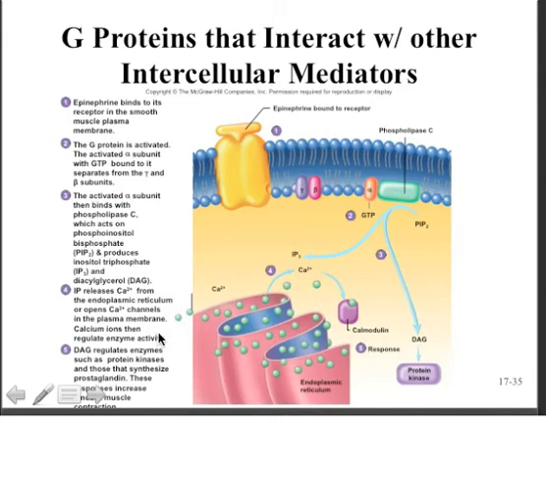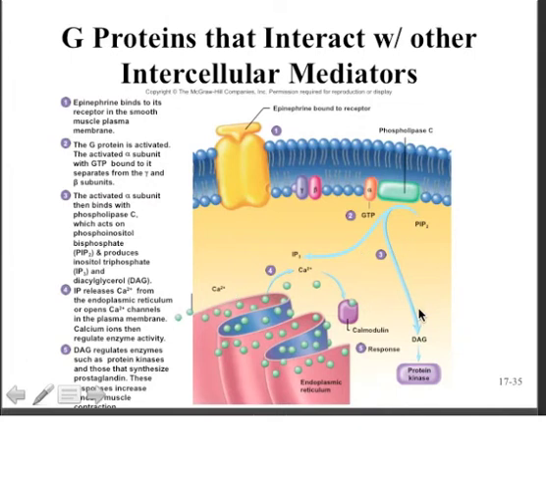Remember, the smooth ER is a calcium storehouse, and also diacylglycerol can regulate enzymes such as prostaglandins and other protein kinases, and this will cause an increase in the strength and the duration of muscle contraction. So these two act together. These are two different branches of the exact same cascade.